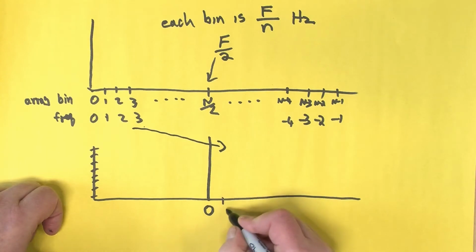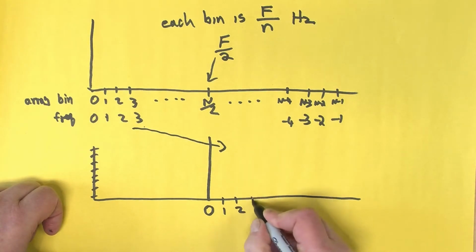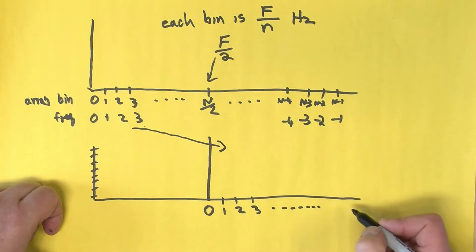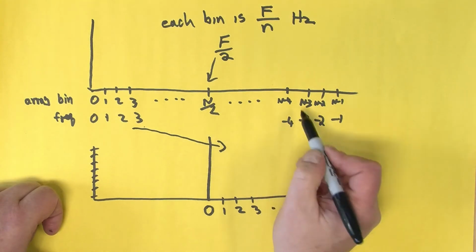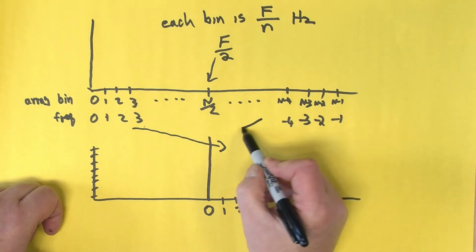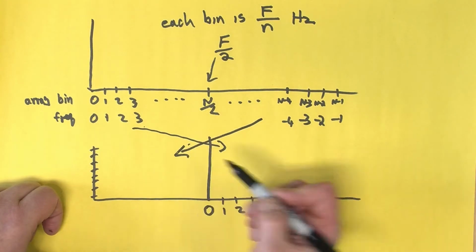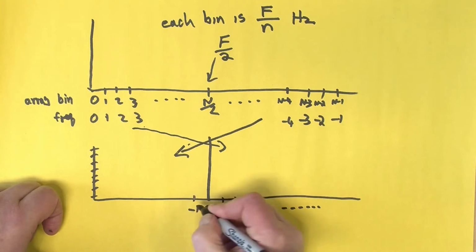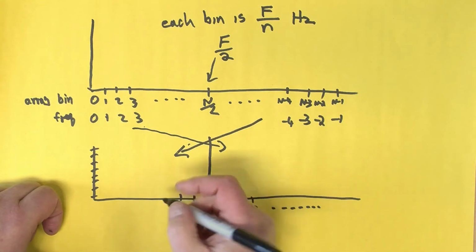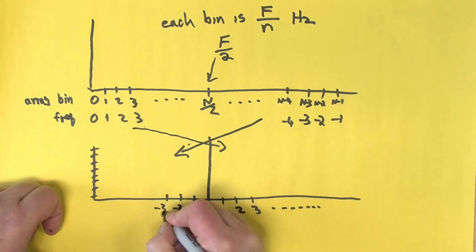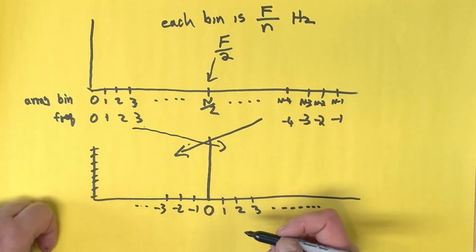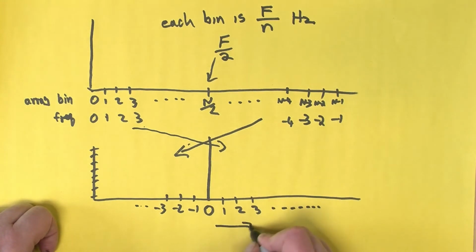So we have our 1, 2, 3, all the way up bins in this side, and we will take these values and shove them over here. So we have our -1, -2, -3, and so forth values over there. Where again, this is now frequency.